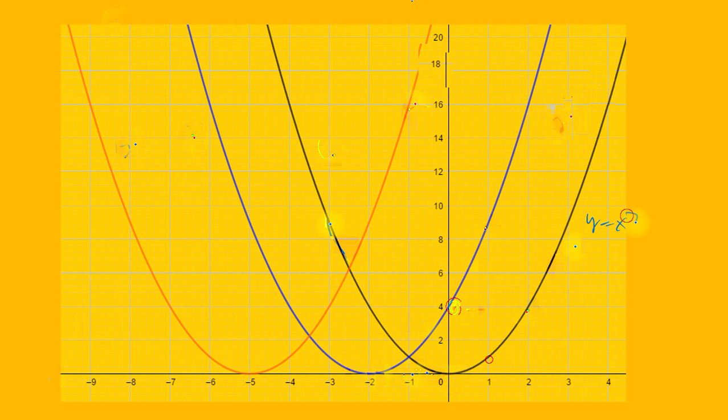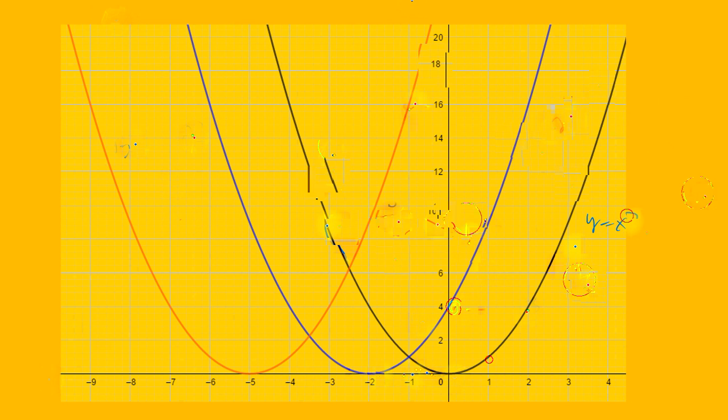So there is a horizontal shift of 3 units to the, this is negative 3, sorry, left. Meaning the graph will move 3 units to the left. Then after that it is being reflected.